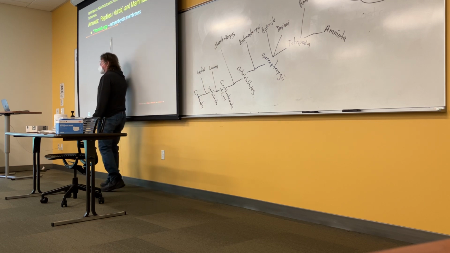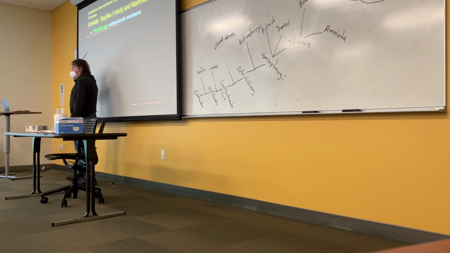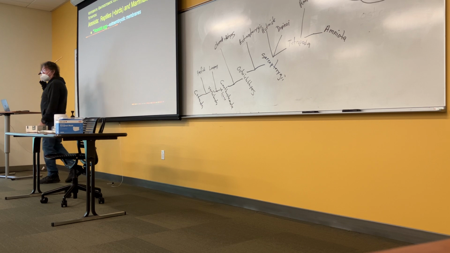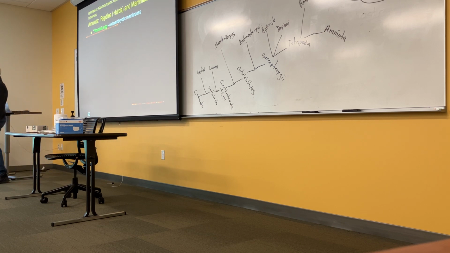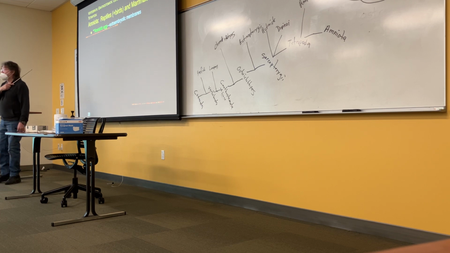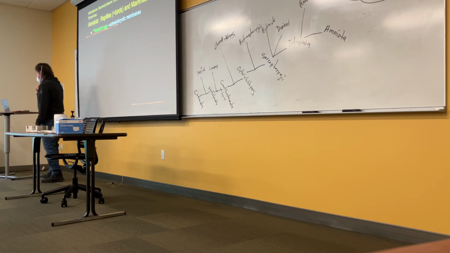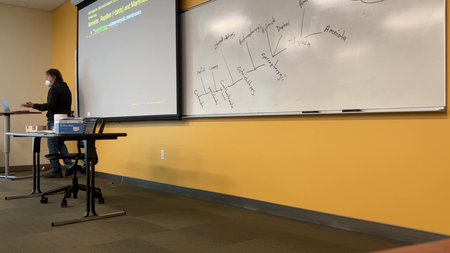But not all of the cells in that blastula will become part of the future animal. Some of those cells will become what are called extra-embryonic membranes. They're genetically identical to the cells that become the animal, but nonetheless, these are never part of the animal. They have other functions.